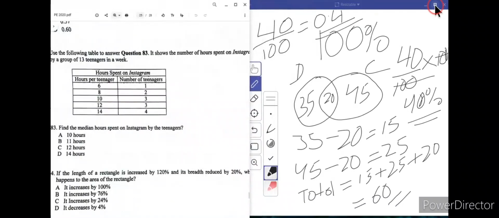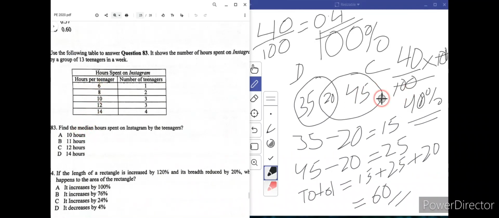Now whenever the question is asking about the median, we need not look into the other side of the table. We just need to look into the hours, because we are asked for the median of hours.